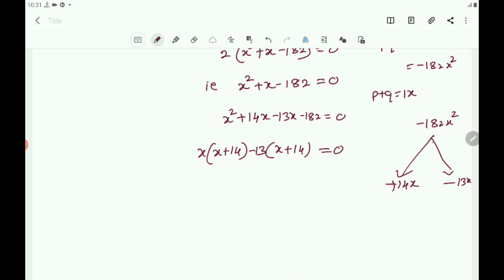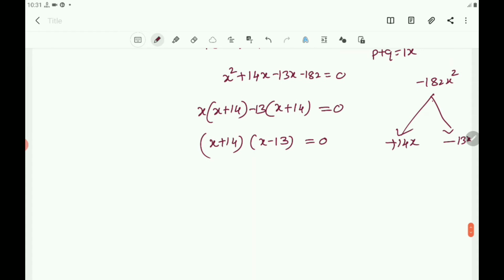Then it is (x plus 14) into (x minus 13) equals 0. Equate each factor to 0: x plus 14 equals 0 or x minus 13 equals 0. Then x equals minus 14 or x equals 13.